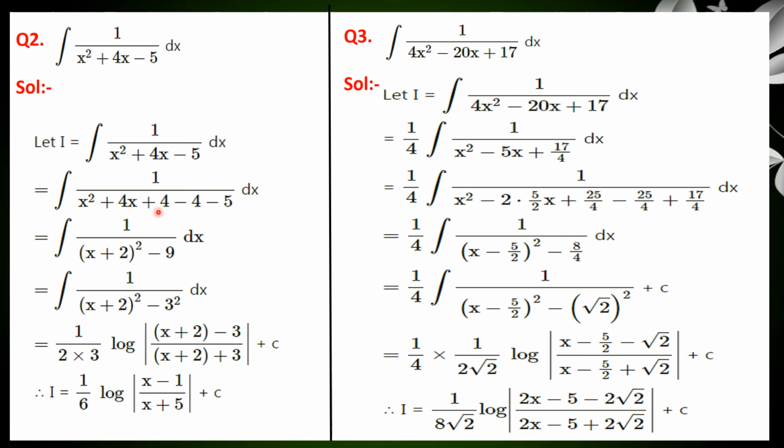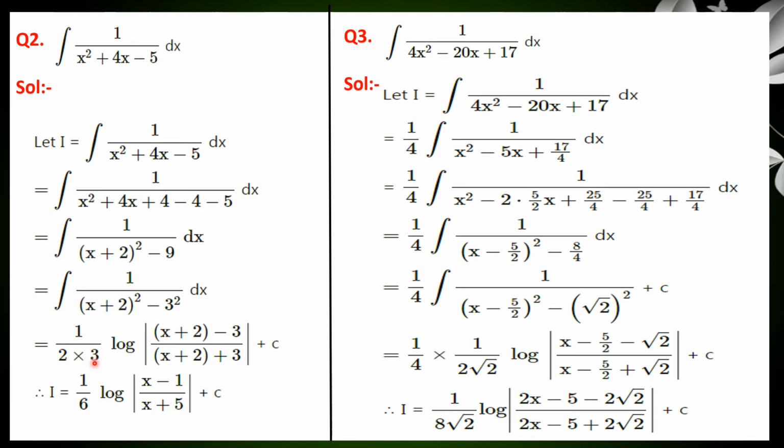And from the first 3 terms we will write it as a perfect square, taking x from the first term and 2 square. So x plus 2 the whole square, and minus 4 minus 5 is minus 9, and it can be written as 1 upon x plus 2 the whole square minus 3 square. Now we have the formula 1 upon 2a, a here is 3.